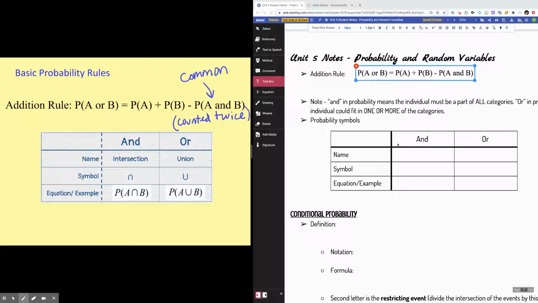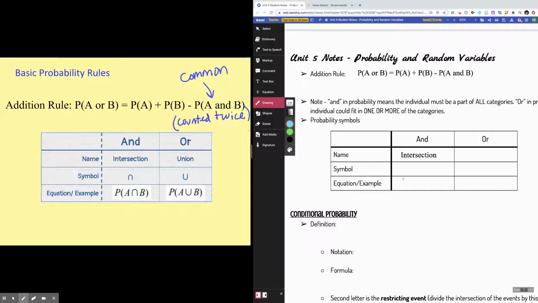Okay, and then I have a lovely little table for you that has all of your symbols in it. The word and in probability is called an intersection, and it's represented with this little upside down U, which to me looks like an A just without the line in the middle.